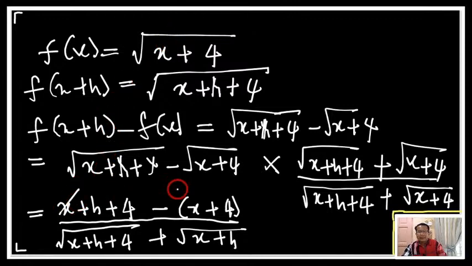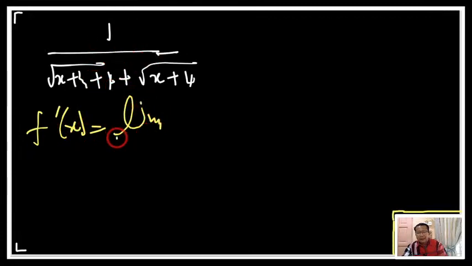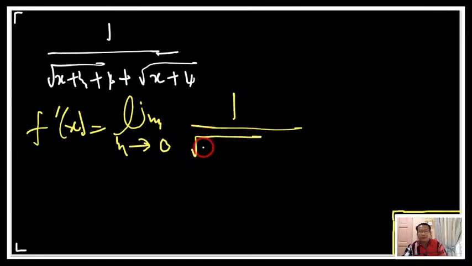This one h and h, so you have h over this one. So f prime of x is equal to the limit of this one, limit as h approaches 0 of 1 over square root of x plus h plus 4 plus square root of x plus 4.